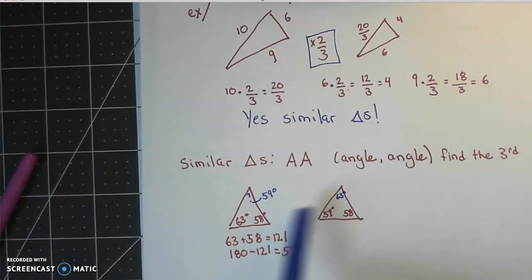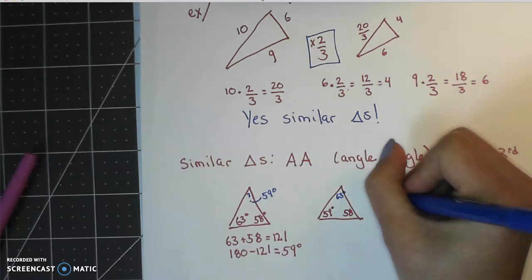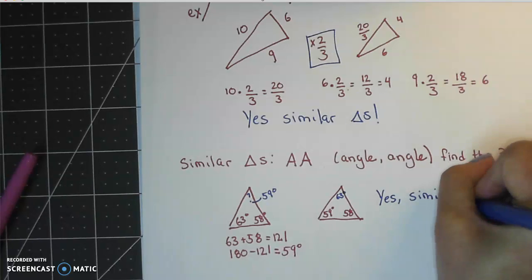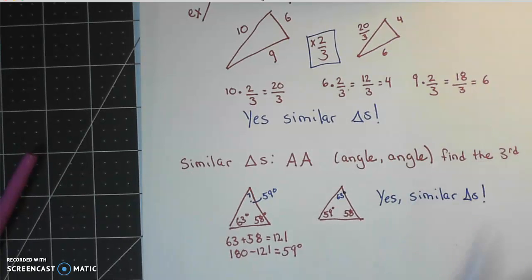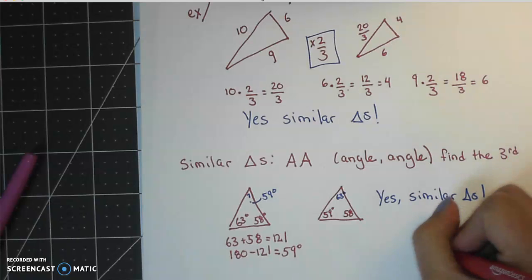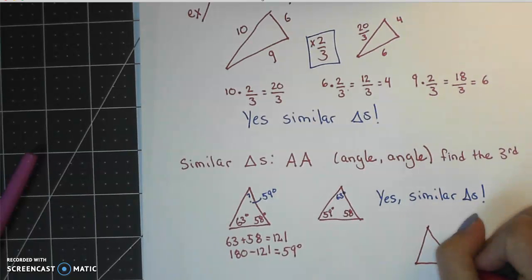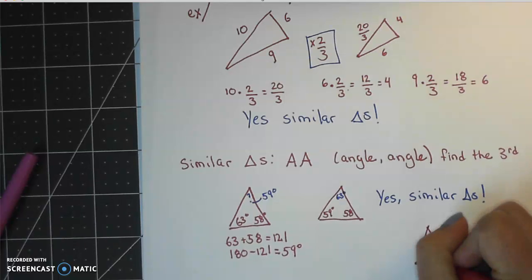Do these have the same angles? Yes. So they're similar triangles. If they did not have the same angles, then we would say no, these are not similar triangles. Let's do one quick example like that. Say I throw this triangle in the mix. And I say this is 58 and this is 62.